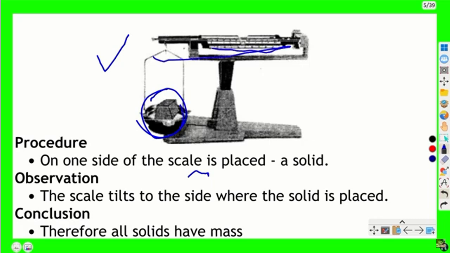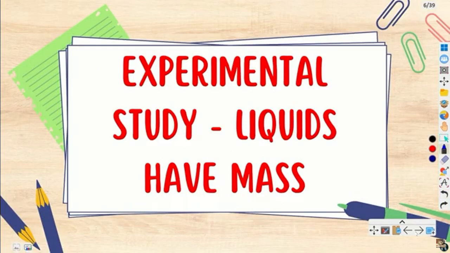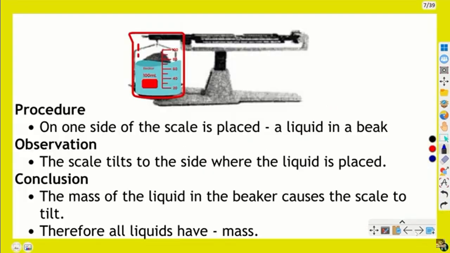And the definition of matter is anything that occupies space and has mass. This is the main definition of matter, but I have placed it in a very easy and simple way so that you can understand. And now the conclusion is, therefore, all solids have mass. Now, experimental study.